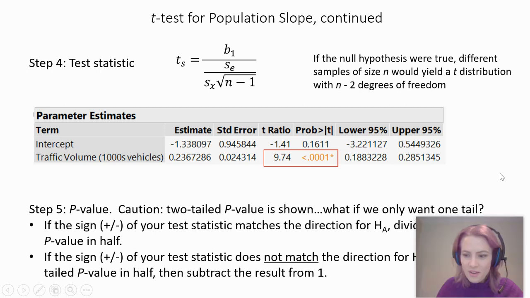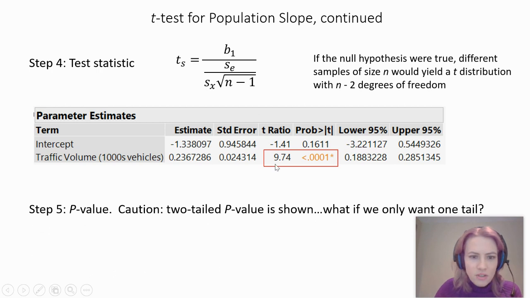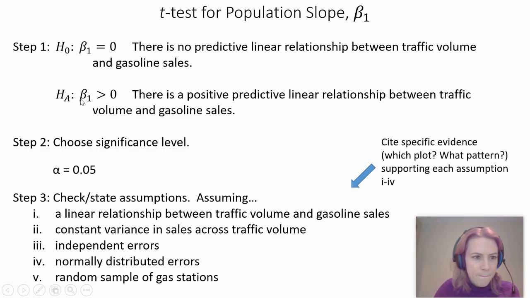So you might have thought, well, let's divide it by 2. So that's correct, provided that you hypothesized in the direction that actually matches the result. So what do I mean by that? Our alternative hypothesis suggested that there was a positive relationship. So greater than 0 would be positive.